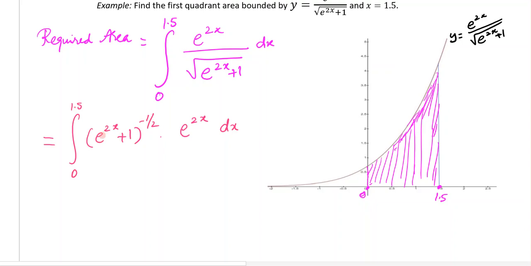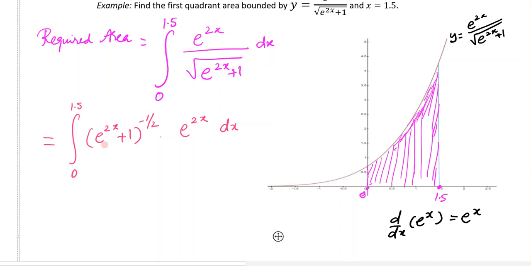So we have e raised to power 2x plus 1 raised to power negative half, times e raised to power 2x dx. One thing we know about the exponential function is that the derivative of the exponential function is the exponential function itself, and we also know that the derivative of 1 is 0.